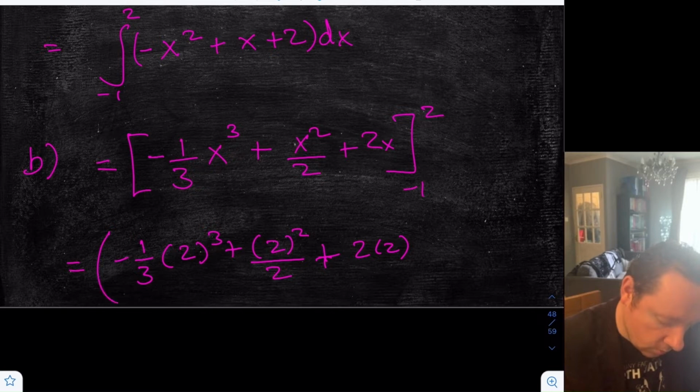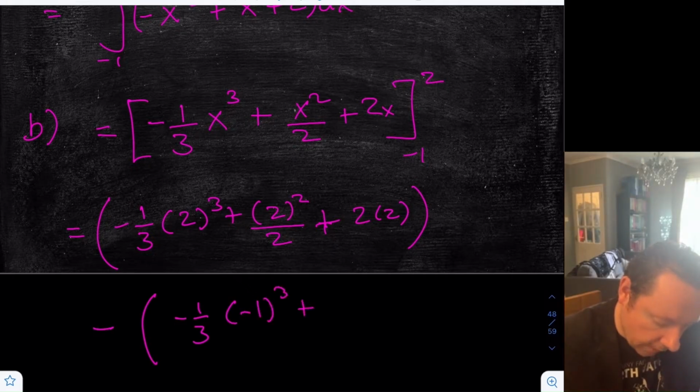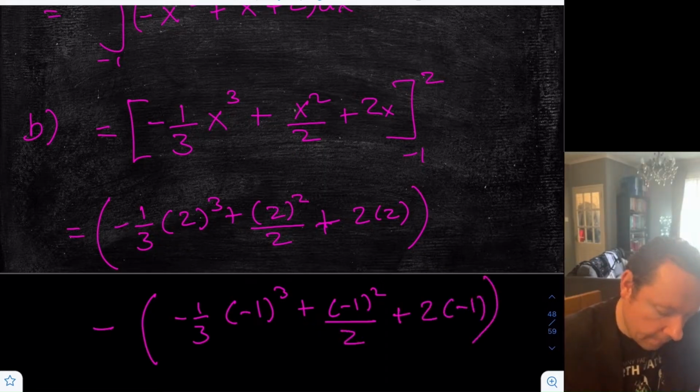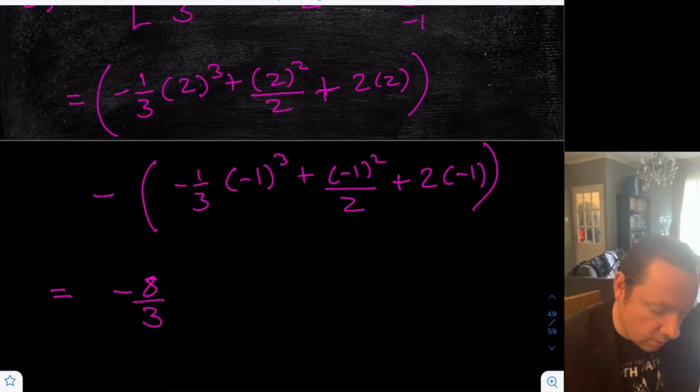That's our first one. Take away -1/3 times -1 cubed plus -1 squared over 2 plus 2 times -1. Okay, so then we need to work on this. 2 2's is 4 times 2 is 8, so we get -8/3 for our first bracket. 2 2's is 4, divided by 2 is 2, and 2 2's is 4. So there's our first bracket.